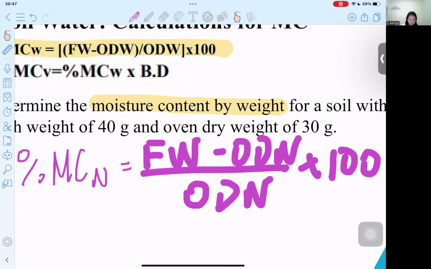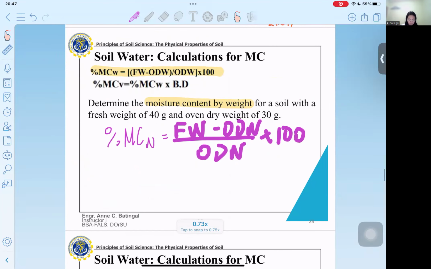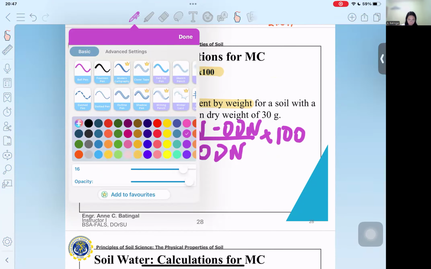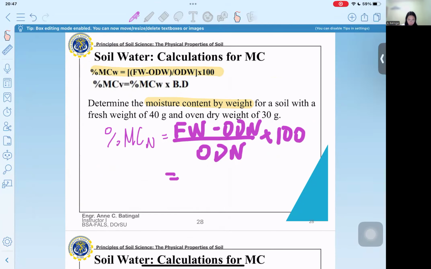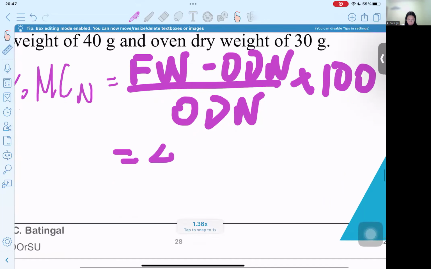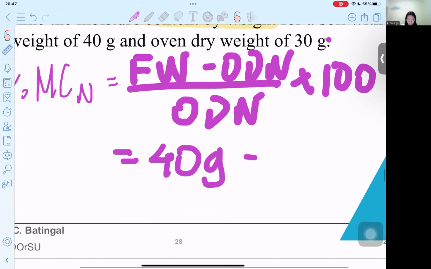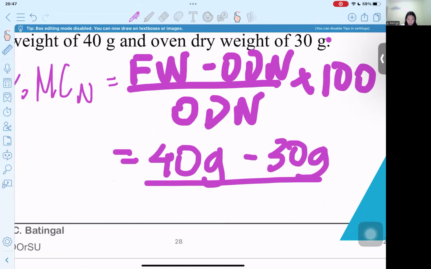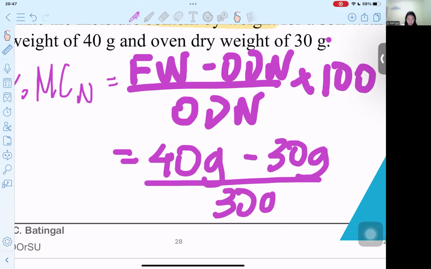So, ang fresh weight nimo kay 40 grams. 40 grams minus 30 grams over 30 grams times 100.